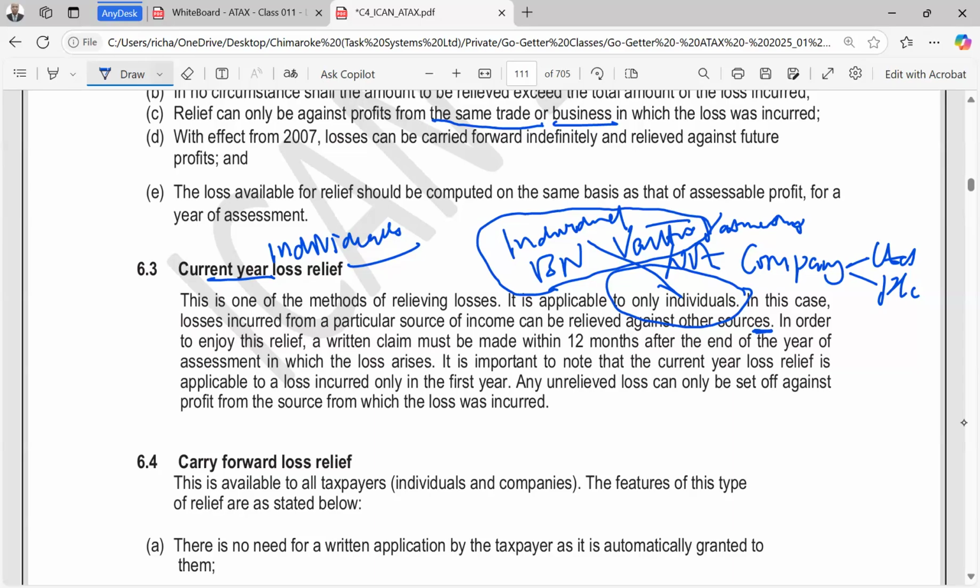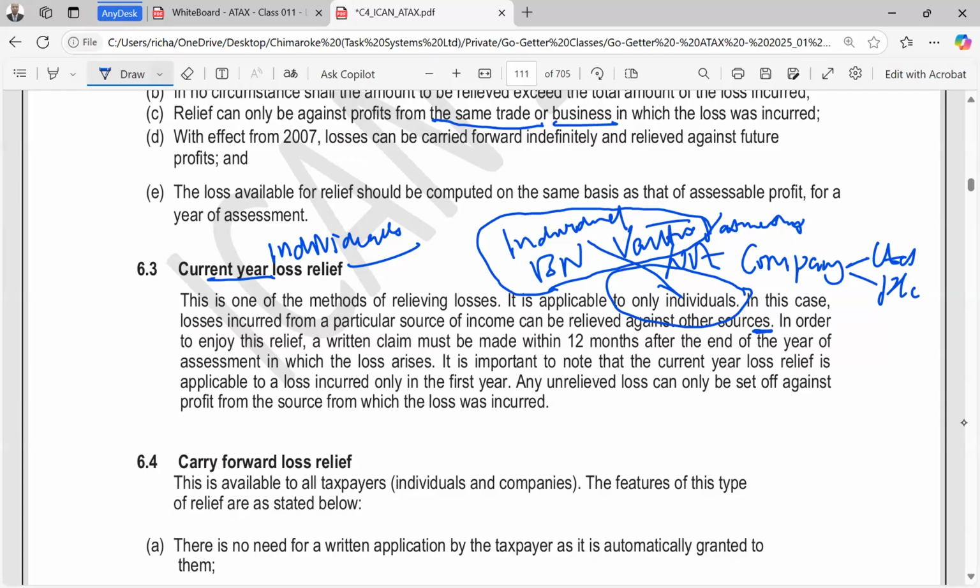All right. Now, in order to enjoy this relief, this individual must write to make a claim within 12 months after the end of the year of assessment where the loss arose. What it means is that I made a loss for 2023 year of assessment, and my accounting year ends on December 31st.